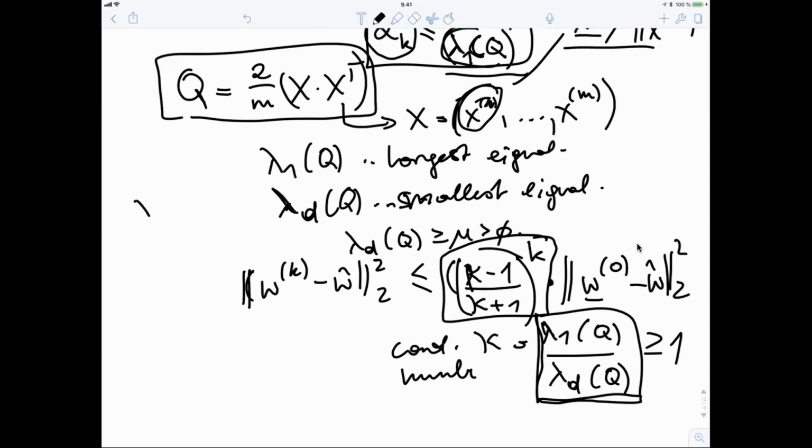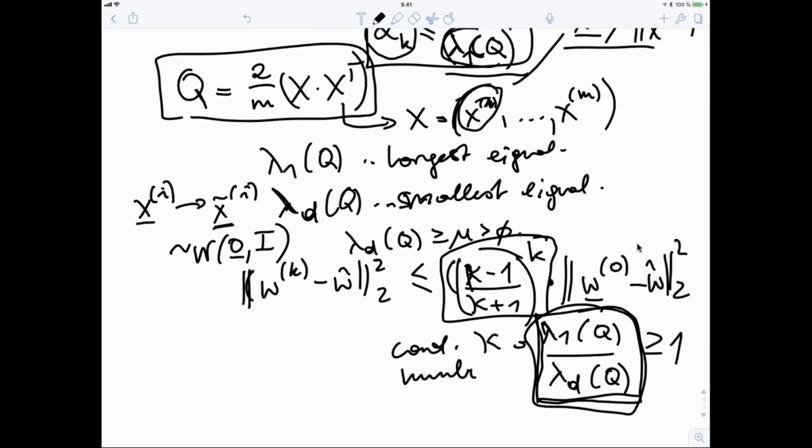So if you manage to take your raw feature vector, the ith feature vector, and compute the new feature vector x tilde, such that this feature vector is well approximated as a random vector with zero mean and unit covariance matrix, then you can show that this quantity here becomes closer to 1, or approaches 1 for larger and larger data sets.